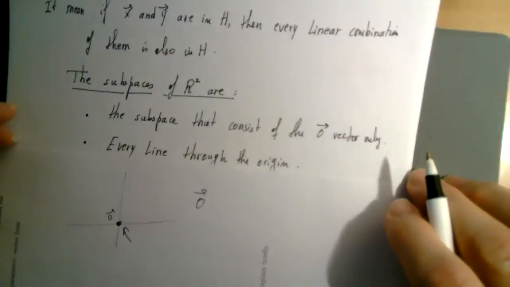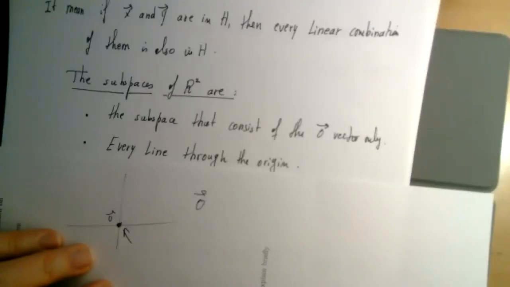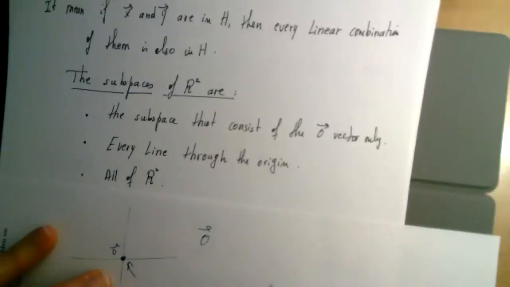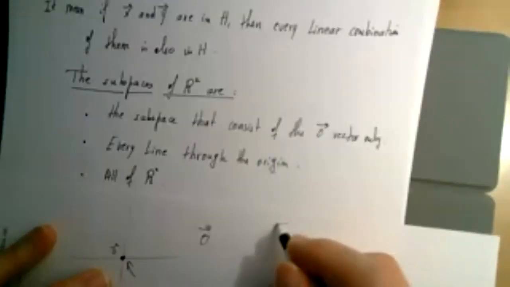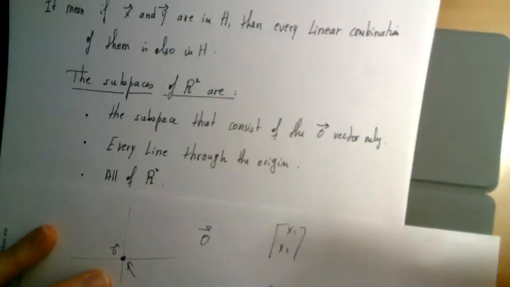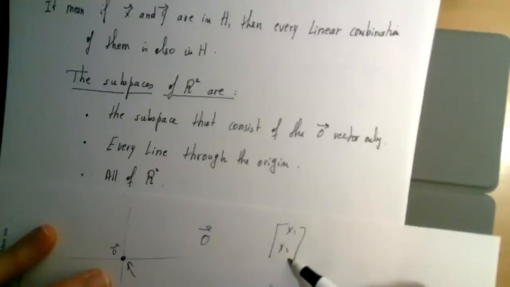The second type of subspace is that every line through the origin is a subspace. And then all of R2 is a subspace. Of course, if you take all possible vectors x1, x2, this is a subspace. Adding two vectors with two components, you end up with a vector with two components.